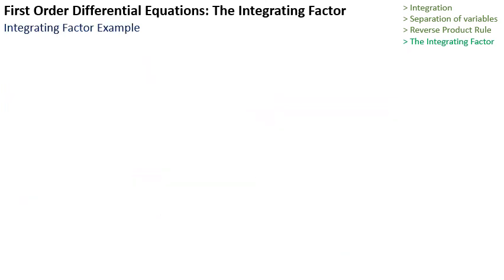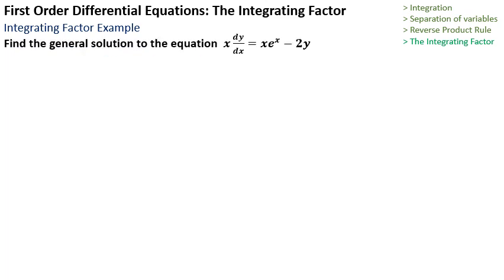So let's look at an example using this integrating factor. We want to find the general solution to this equation, and if we look carefully, we'll find that it's going to be no easy task to solve this using straightforward integration. That's not going to work because there's a y as well as x's involved. We can't solve it using separation of variables because there's no way of writing it as a function of x multiplied by a function of y.